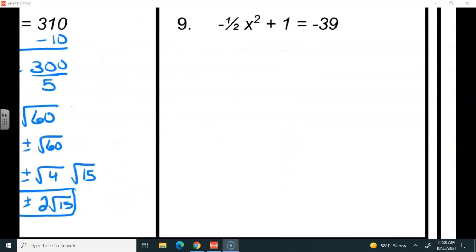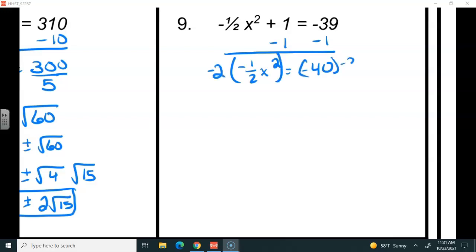Our last one for the day here, we're going to subtract 1. I get negative 1/2 x squared equals negative 40. Now at this point you can divide by half, or if you remember you can multiply by the reciprocal, which in this case would be negative 2. So I get x squared equals 80.